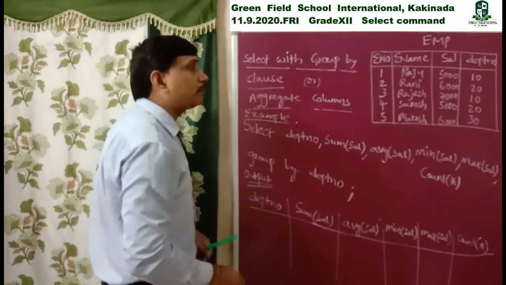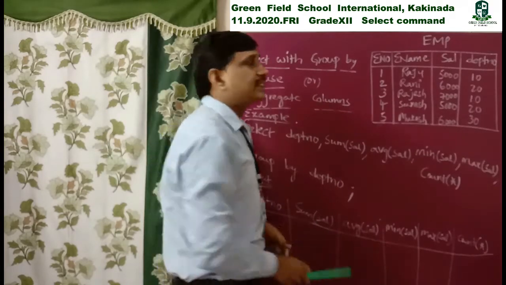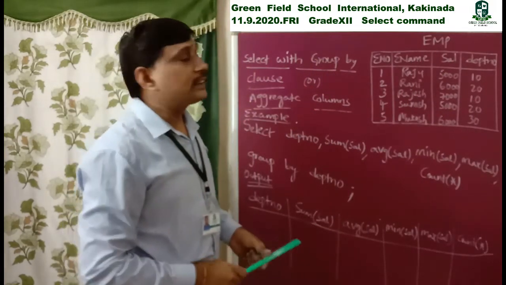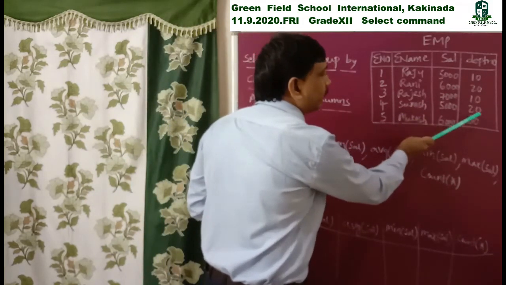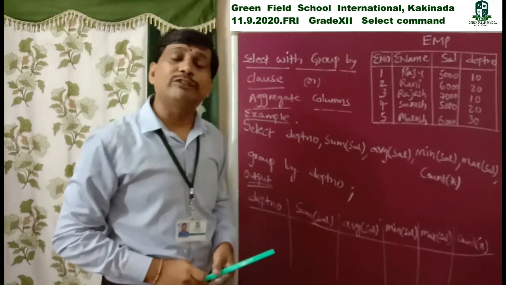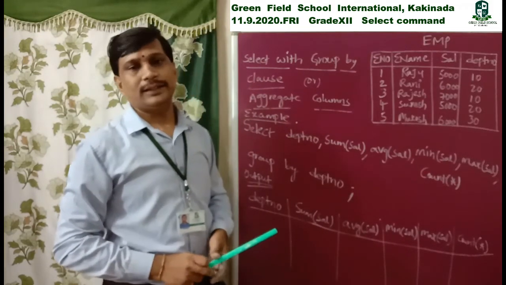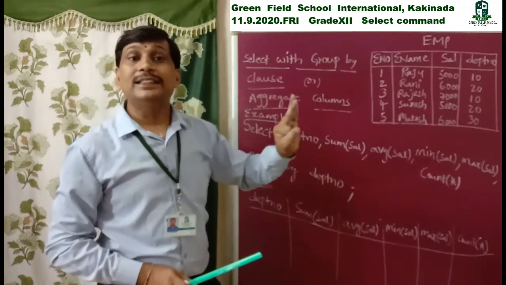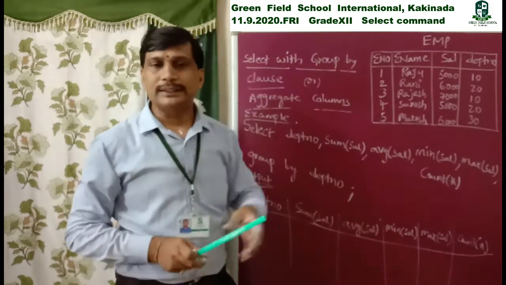See, first department number. So divide this entire table department number wise. Observe this department column, everyone. This department column has different values, 10, 20, 10, 20, 30. So how many distinct departments are there in our table? 3. One is 10, one is 20, one is 30. That's why we divide this entire table into 3 parts.